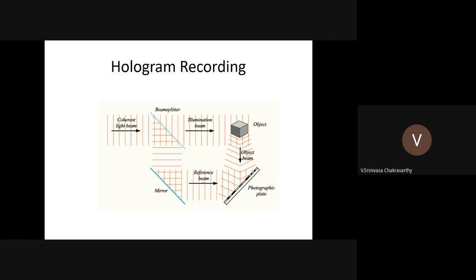These waves are still the same planar waves, the coherent light beam. The reflected beam, which is called the reference beam, then interferes with the beam that is reflected off the object. We call it the object beam. These two beams interfere and leave the interference pattern on a photographic plate.